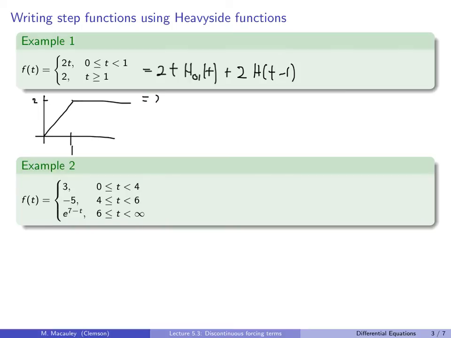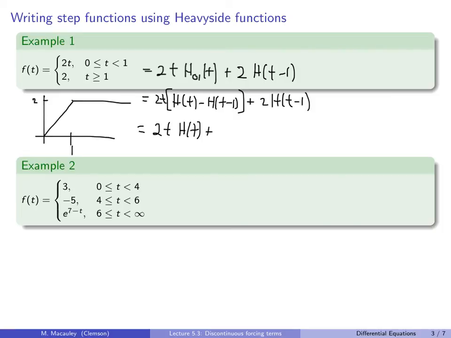So let's write this out now, as we did before, as a difference of Heaviside functions. So this is 2t, h of t minus h of t minus 1, plus 2 times h of t minus 1. If we collect terms, let's write the h of t terms first. That's 2t times h of t.